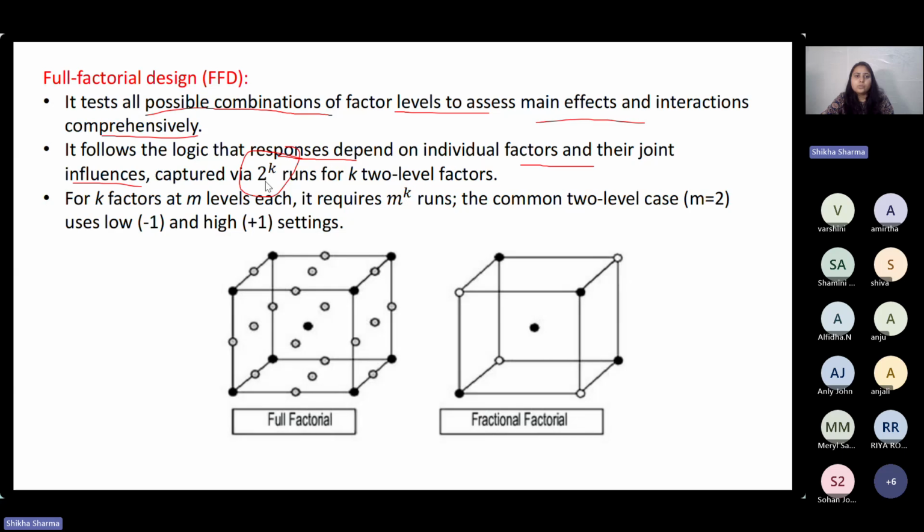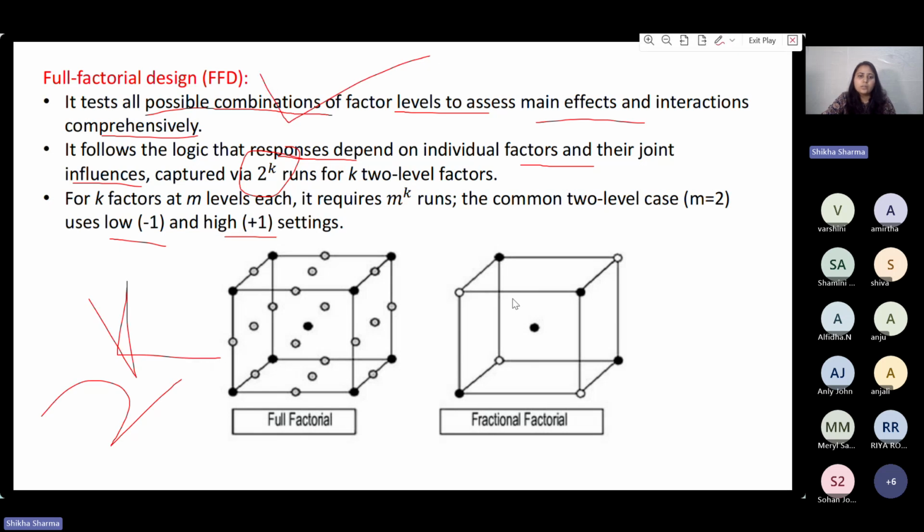I am saying 2 because mostly we use the 2-level case. When m equals 2, which is plus 1 and minus 1 settings, the runs go up to 2 to the power k, where k is the number of factors. So the maximum runs will be there; the centers are also taken, and the middle also. It takes all kinds of runs.